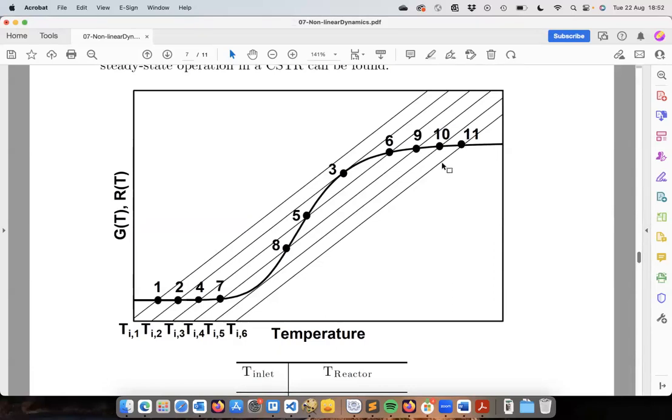And we can see that if we start with this temperature, let's imagine the case where we are at the unsteady state operation. So in our CSTR, we start off with this inlet temperature. So the whole reactor is initially at this temperature. Then let's think about how our temperature is going to change.